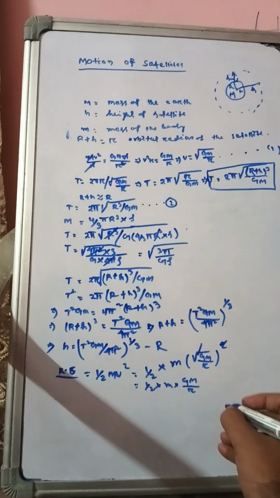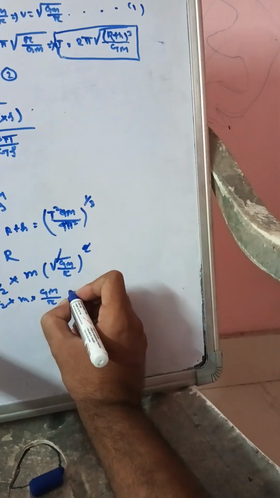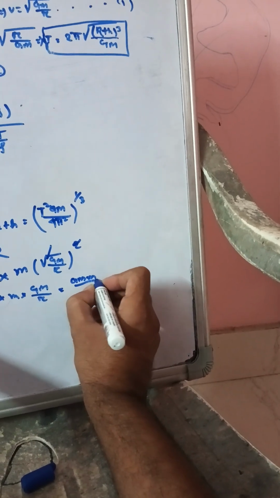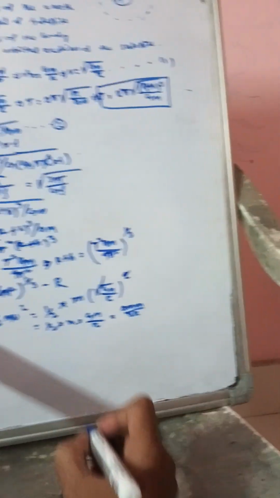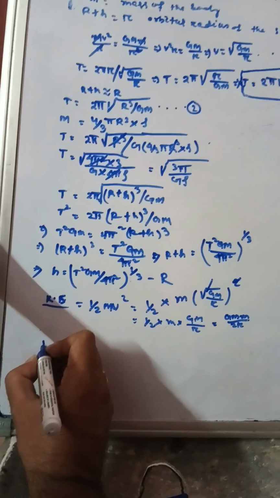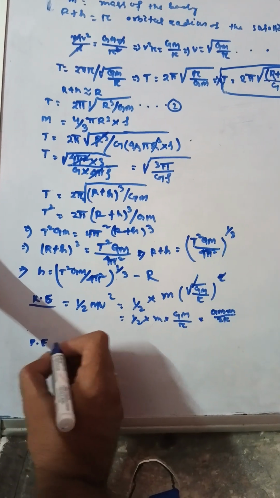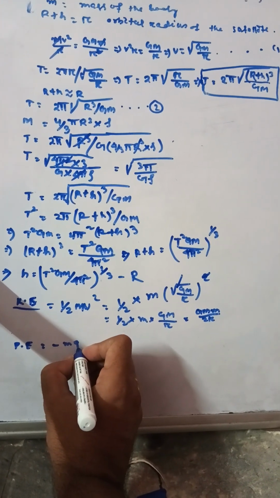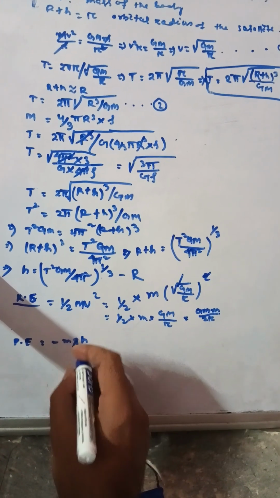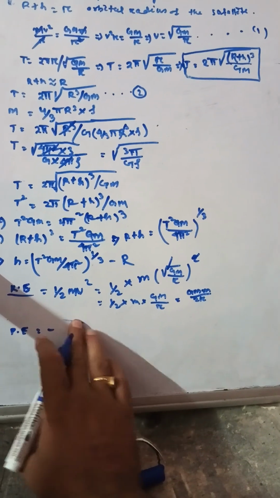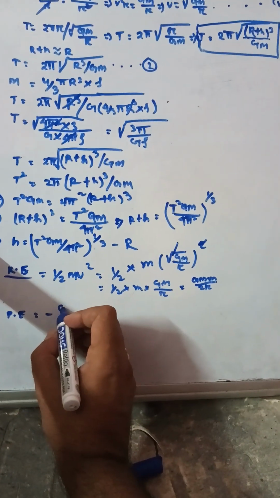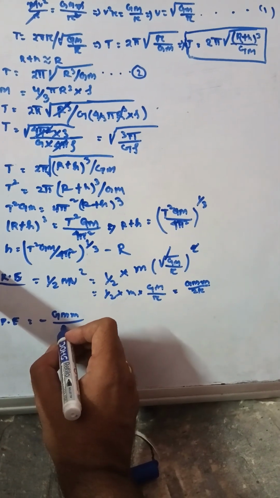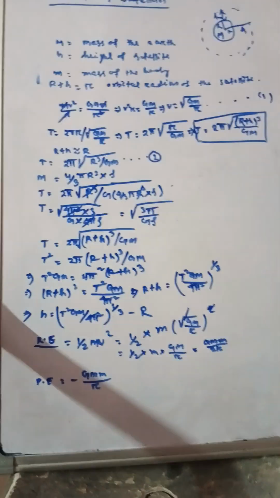Then kinetic energy is GMm divided by 2r. Okay, potential energy, we know the potential energy formula: minus GMm divided by r.